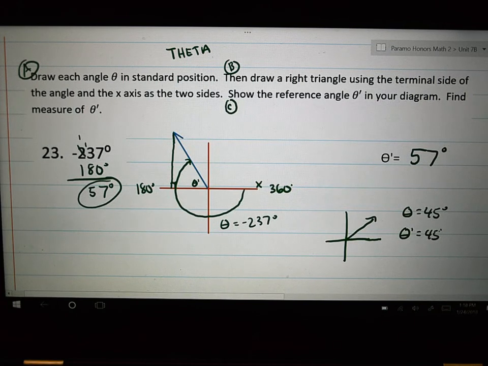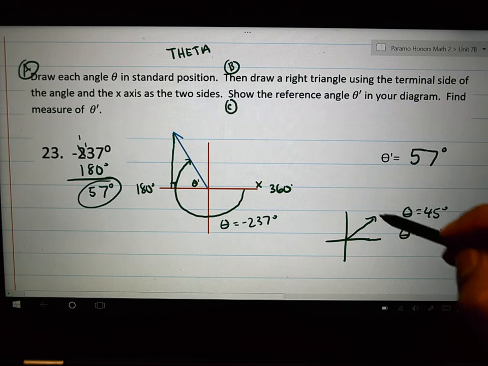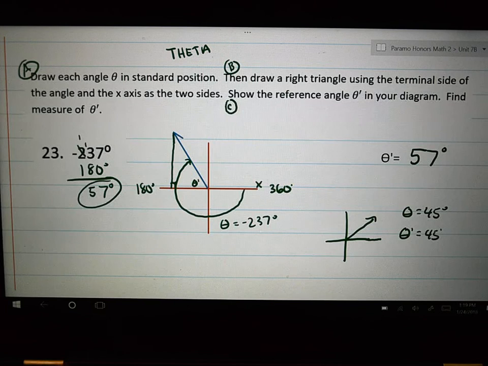The only time you will ever get a theta and a theta prime that are the same is if both of these are quadrant 1 acute angles. Everything else, your theta and your theta primes will be two different numbers, just so you're aware.